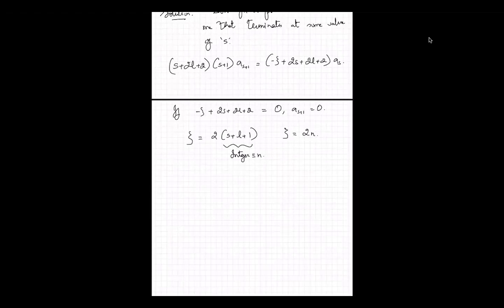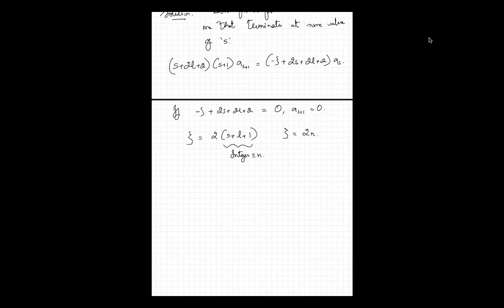But what I did was argue on physical grounds that for large rho, F of rho cannot blow up. So this forced me to look for a power series solution that is not a sum of infinite terms, but stops at some particular value. The only way I can guarantee that the coefficients vanish after a certain point is if this c is equal to twice some integer, and this integer I'm calling n.